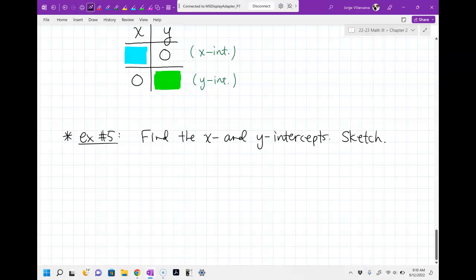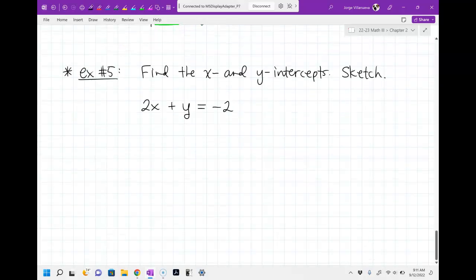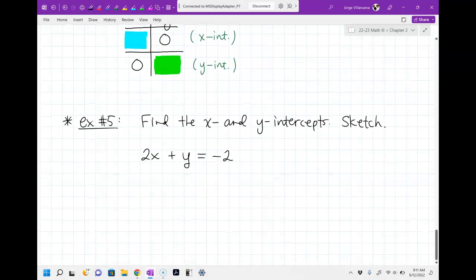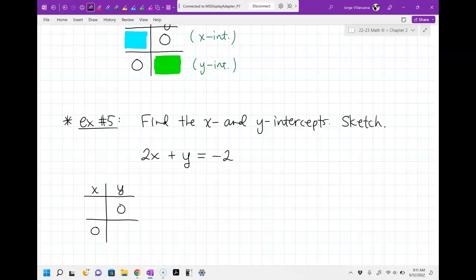And here's the problem. 2x plus y equal to -2. Find the X and Y intercepts, then sketch it. So let me draw my t-table here. X, Y, 0, 0.